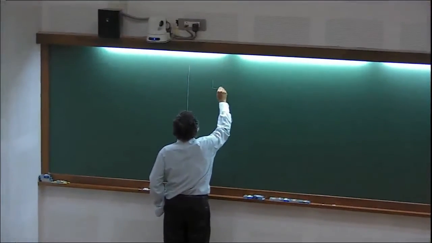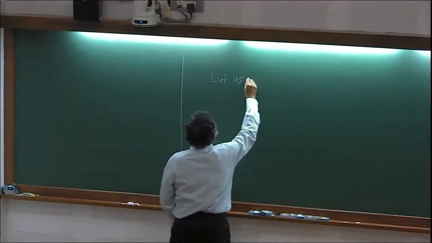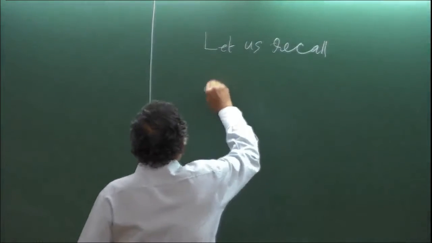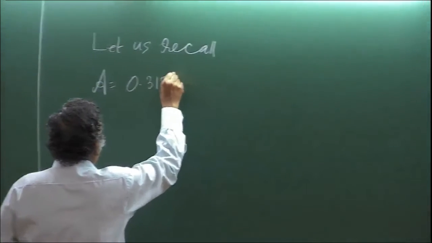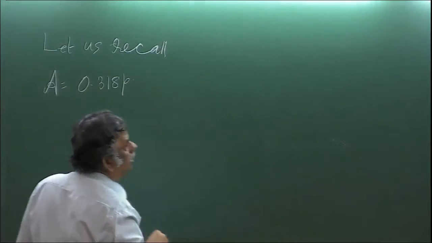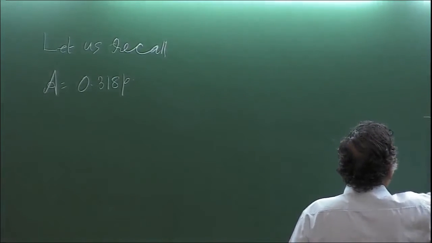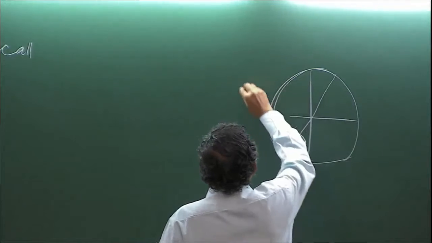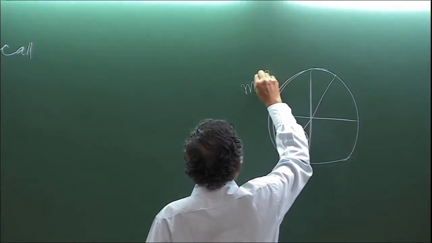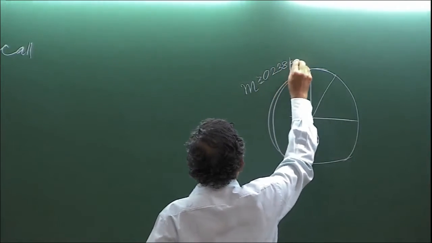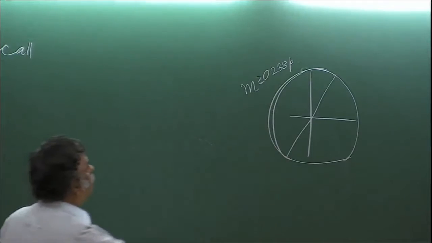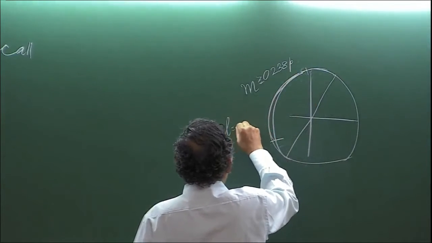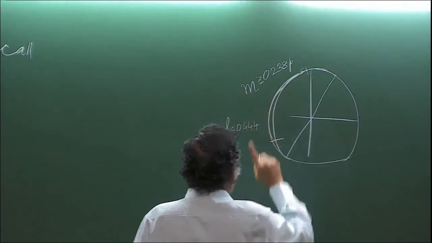First of all, let's recall the situation so far, what we have done. You have a set A of cardinality 3.18p, and I have this model, and from this set A we got a half circle having m points, and these m points do not lie in the half circle, they lie in a proper part of length L, which is around 0.444 when m is equal to 0.238.